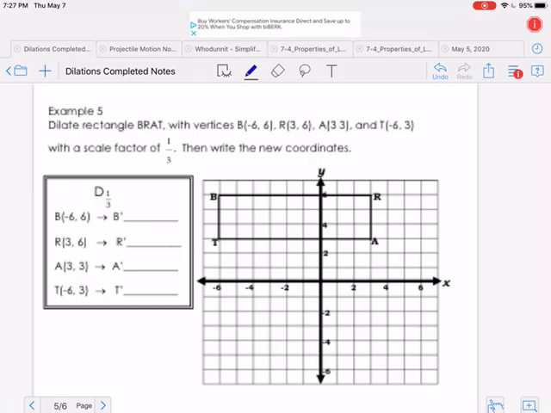You will notice that when you graph it, this rectangle will get smaller, but not only is it going to shrink, it will also get pulled towards the origin as well. Okay, so pause the video, and unpause it when you think you have the correct coordinates and you have that new rectangle graphed.